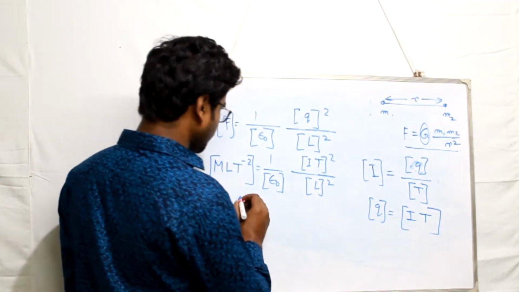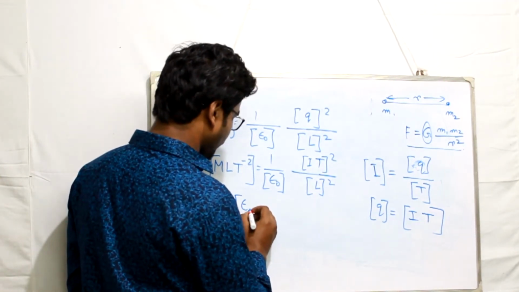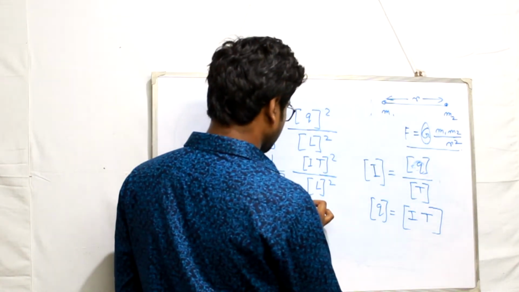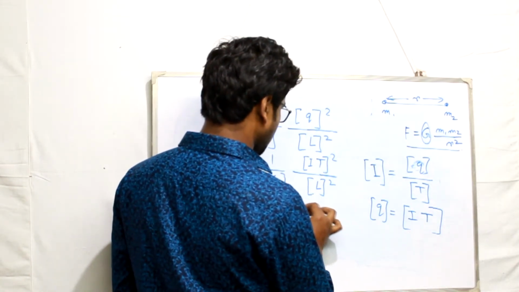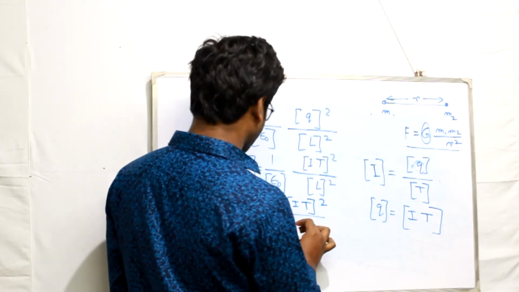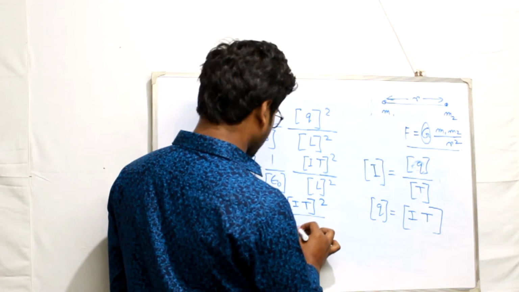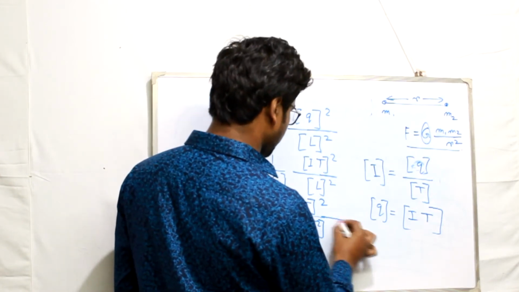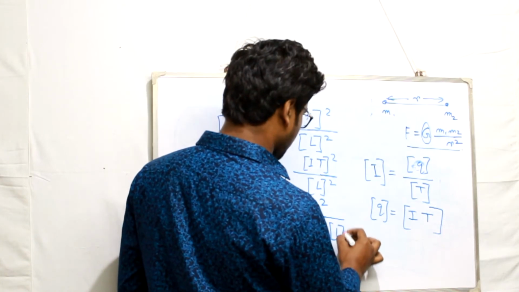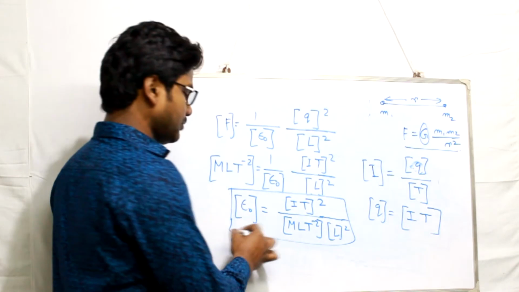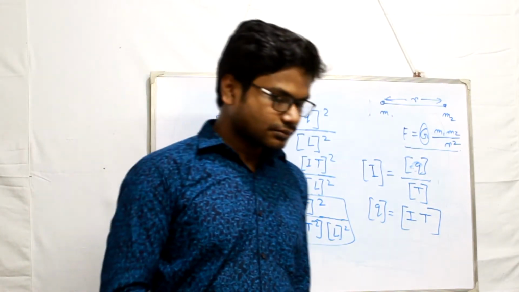So the dimension of epsilon equals the dimension of I t square by m l t to the power minus 2, by L square. That is how we can find out the dimension of epsilon.